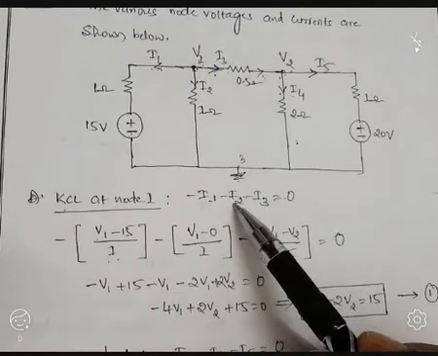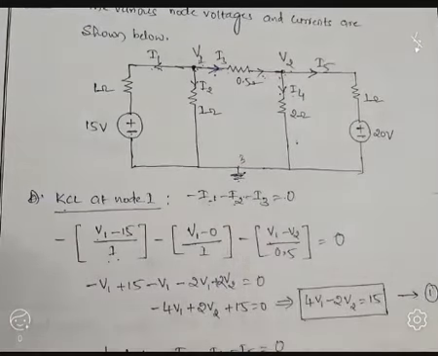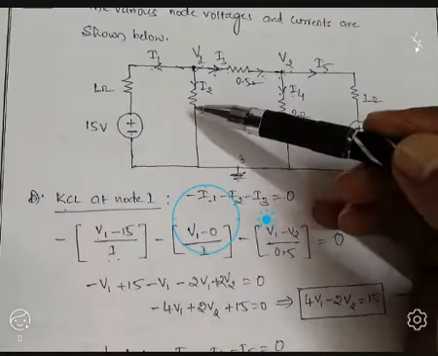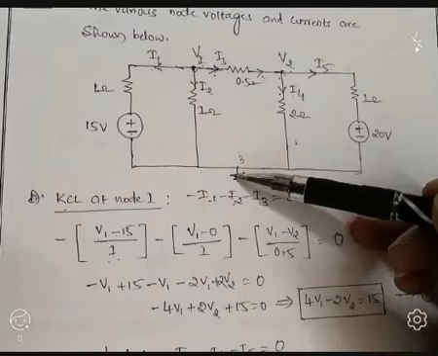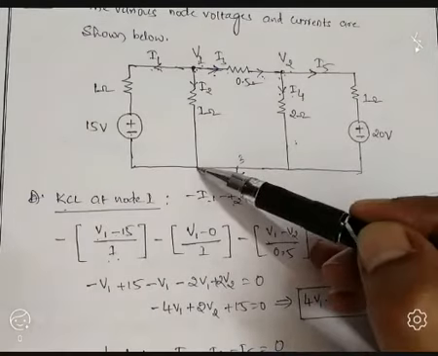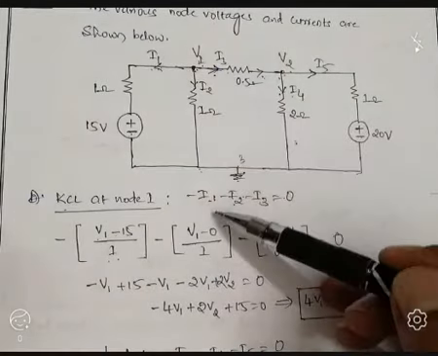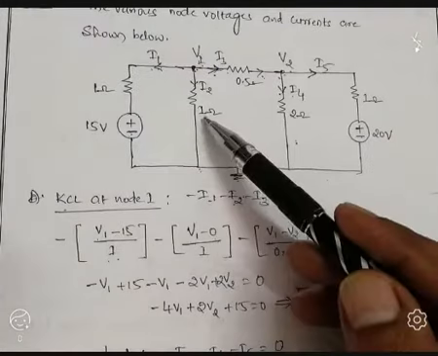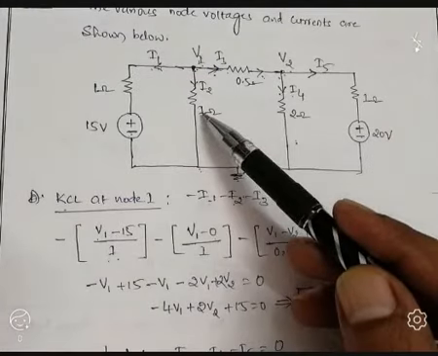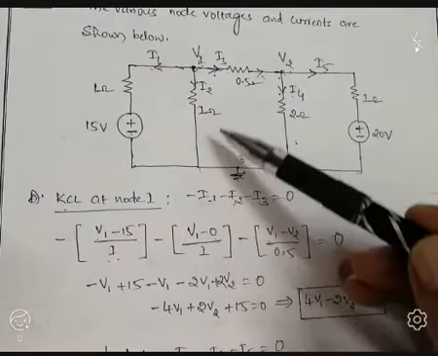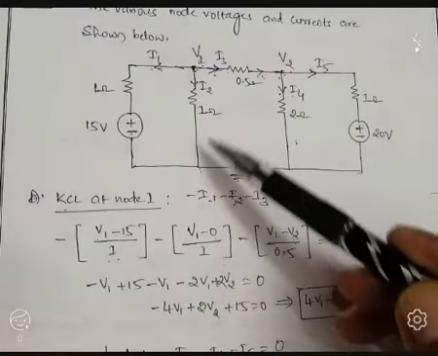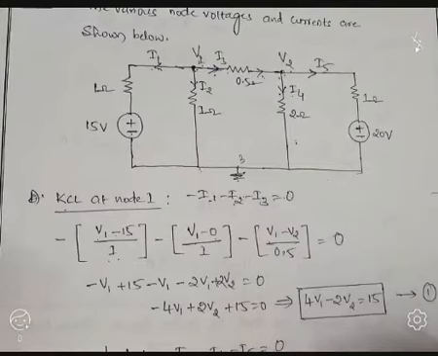Next, coming to I2, minus as it is. What is the value of I2? The current I2 is flowing in this branch, so the starting point is V1 minus ground, which is 0. V1 minus 0 divided by the respective resistance; this branch has a resistance of 1 ohm. Hence V1 minus 0 divided by 1 ohm. I2 is completed.